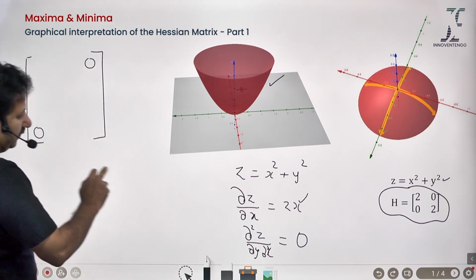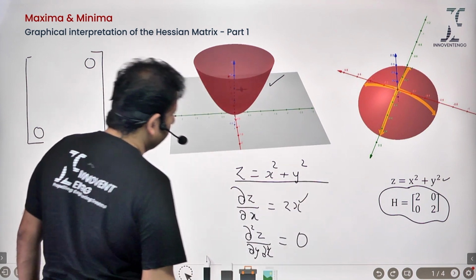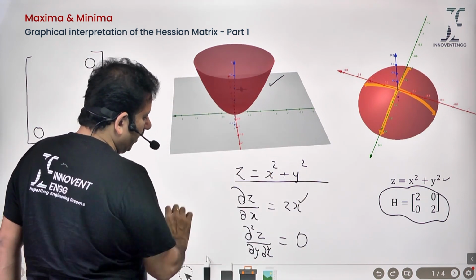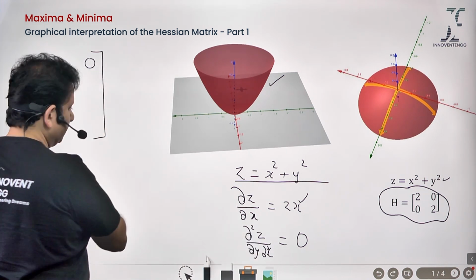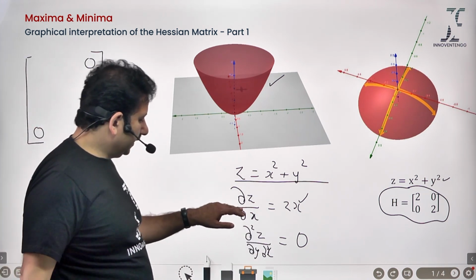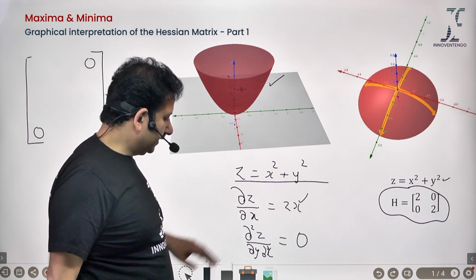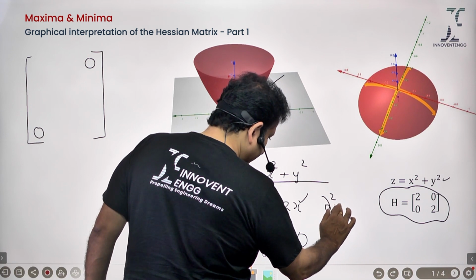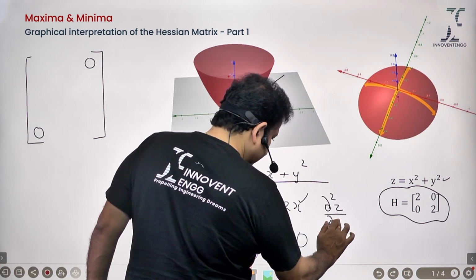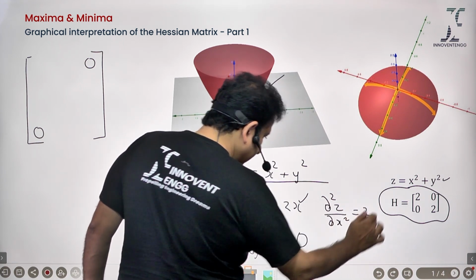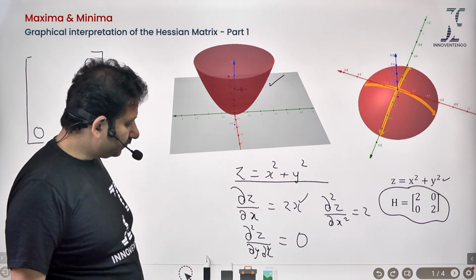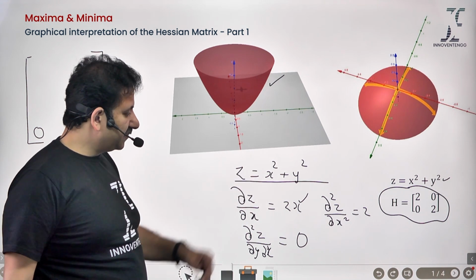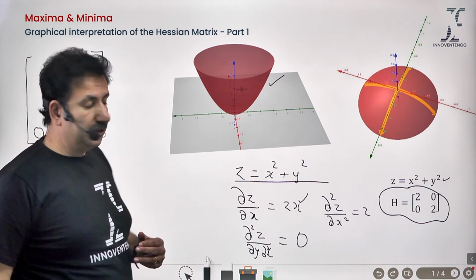So going by the nature of this equation, which is used to construct this convex bowl, you have the mixed derivatives 0. And if I differentiate this for the second time, what would be my second derivative? My second derivative of z with respect to x would be 2, and by the symmetry of the function, the second derivative of z with respect to y is also going to be 2.